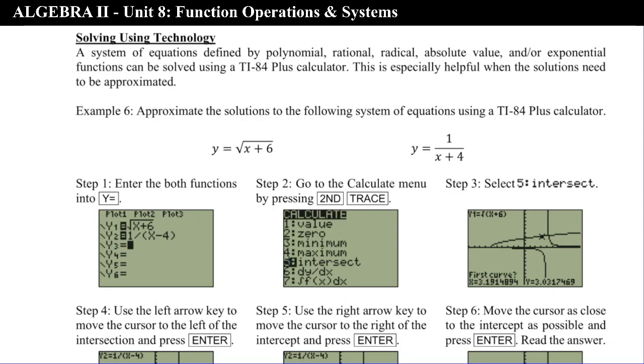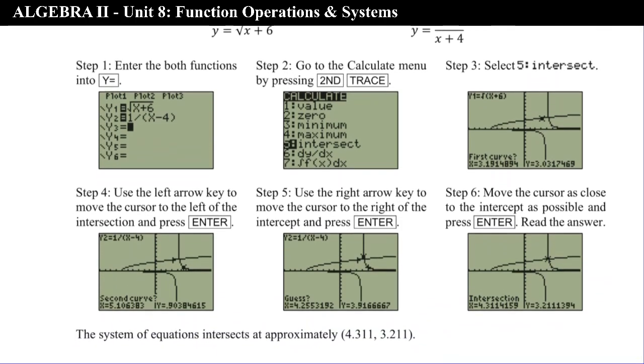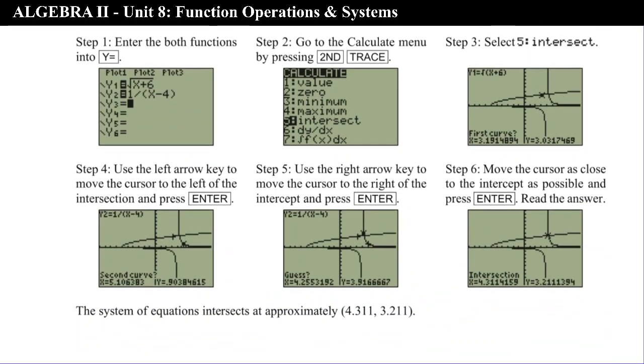That will pull up the graph. And you're going to set your left-hand boundary on your first curve. Then you're going to set your right-hand boundary on your second curve. And then you'll select a point somewhere close to where they intersect, and then hit enter, and that will give you the x and y coordinates of your intersection, and you would just write that rounded to however many decimals is required.